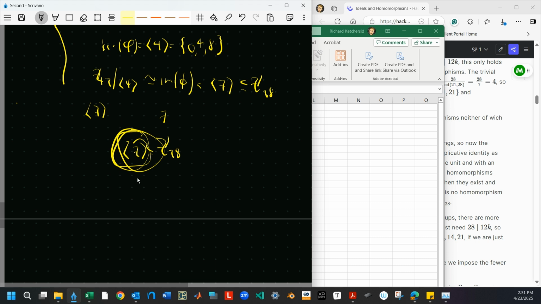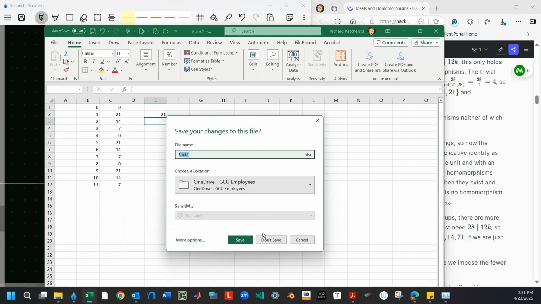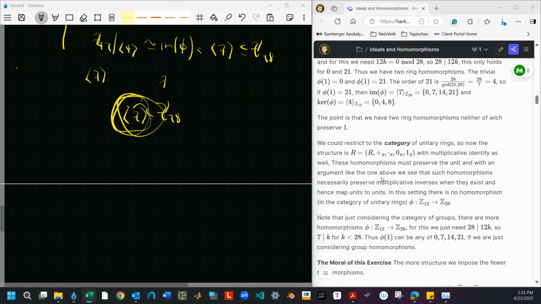So the image is always a subring, and is actually a unitary ring where the unit isn't 1, where the unit is now 21. So the unit is 21. Anyway, that's interesting. So now I think we've analyzed it to death. I can't think of anything else to say about it. Good.